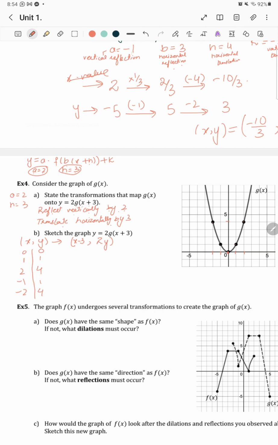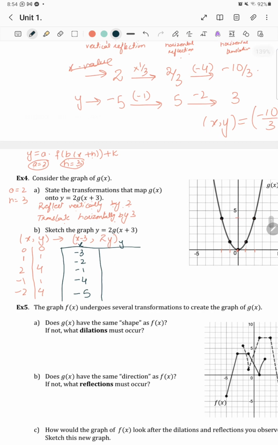So when we change this, it will become x minus 3. So 0 minus 3 is -3, 1 minus 3 is -2, 2 minus 3 is -1, -1 minus 3 is -4, -2 minus 3 is -5. These are the x values.